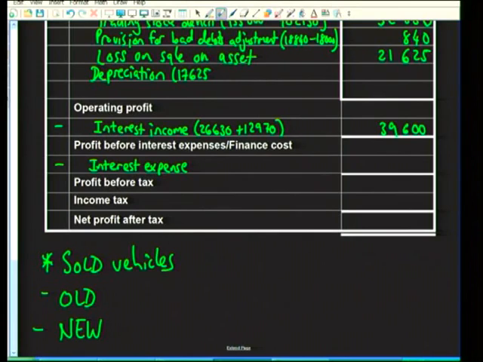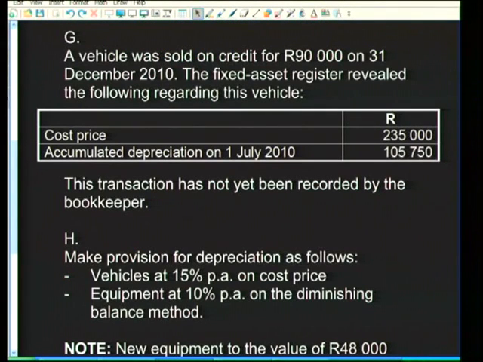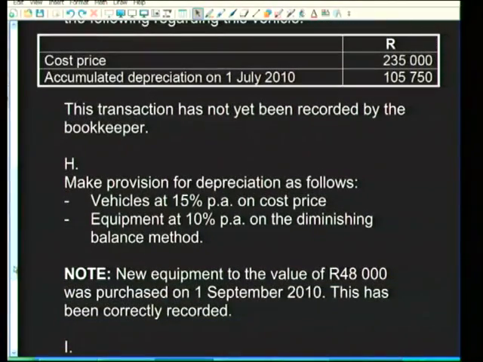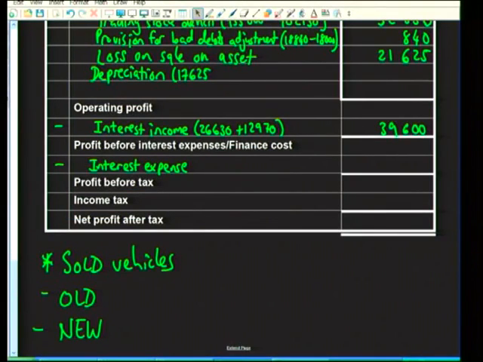Okay, let's look at the rest of the adjustment. We've already now done adjustment G, but adjustment H is important because it says that we must make provision for depreciation as follows. We must calculate depreciation on vehicles at 15% on cost price. You might say to me, but I've already done that. I've calculated this depreciation as 17625. Yes, that's true. You've done it on the sold vehicles.